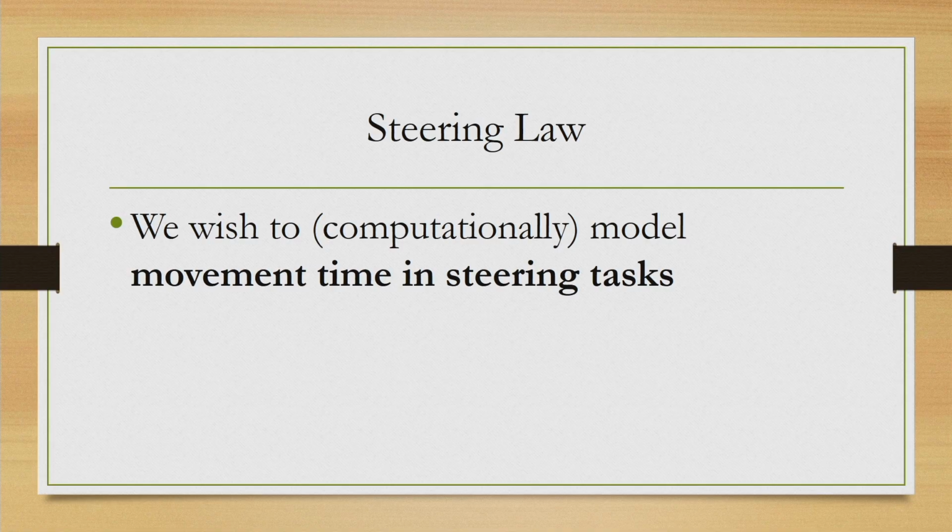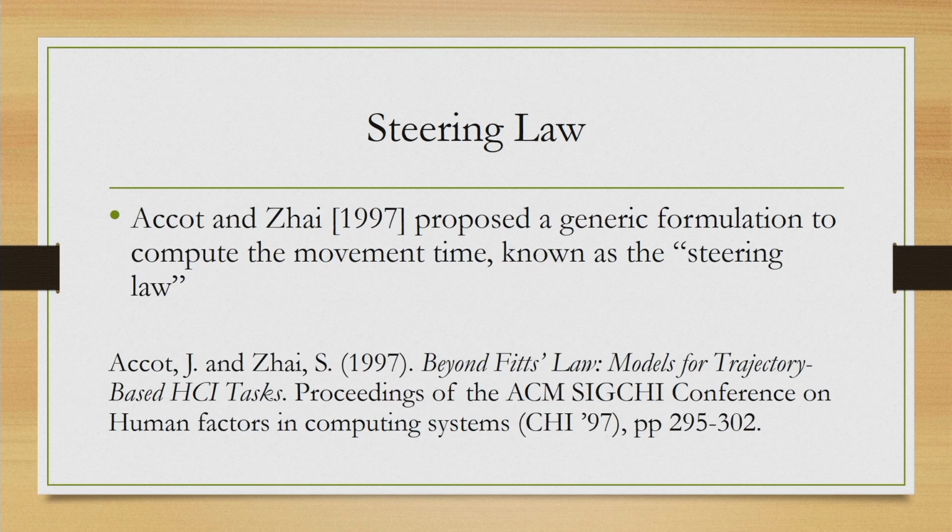So, our objective is to computationally model the movement time in steering tasks. That is our overall objective. And there is one law proposed by Accot and Zhai in 1997, which helps us in modeling the steering movement time. This is called the steering law.